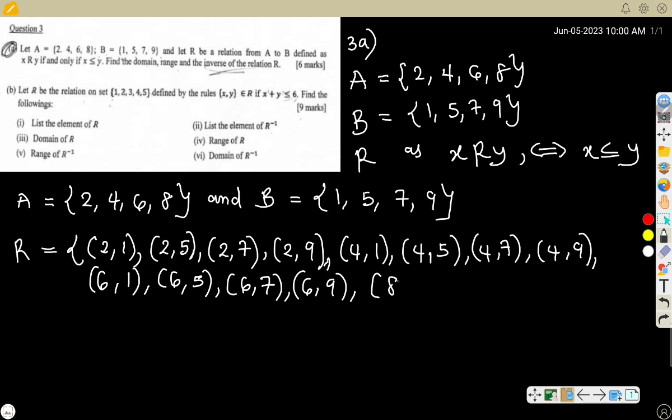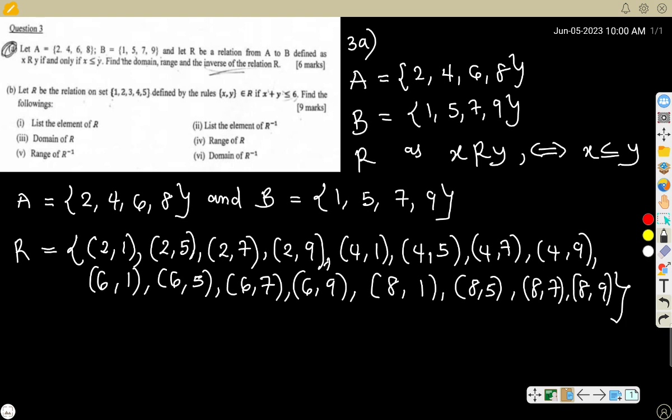So like that. So this is R normal without any condition.